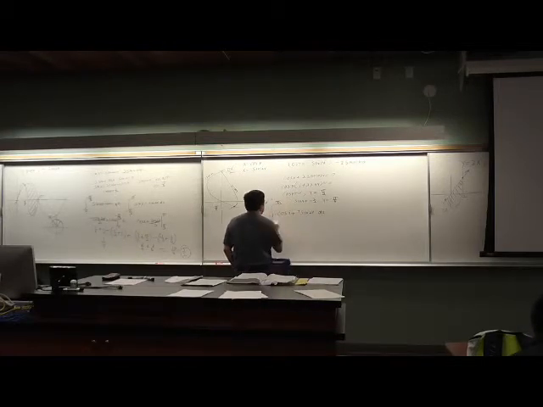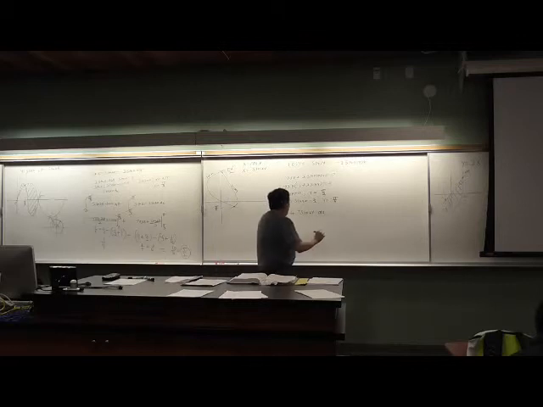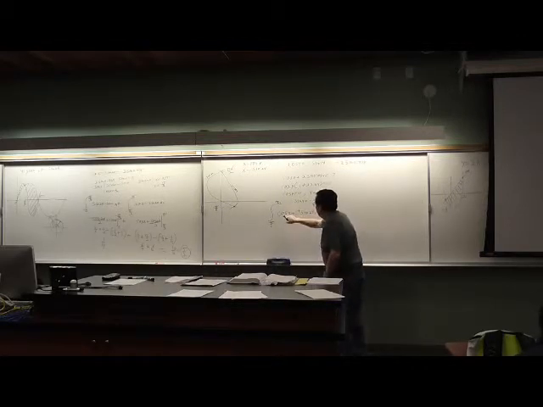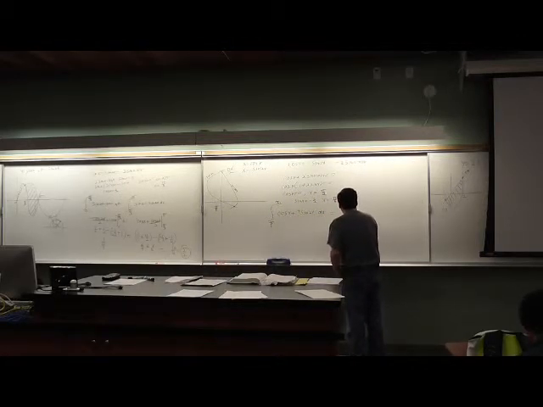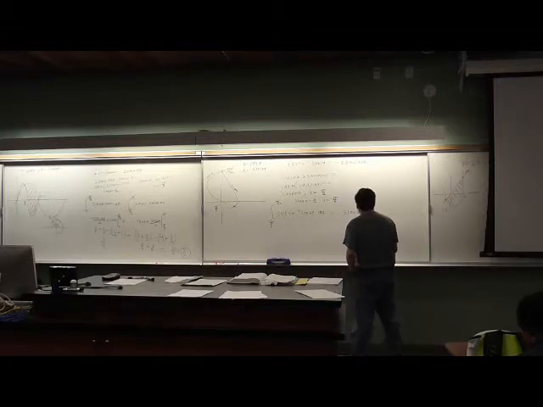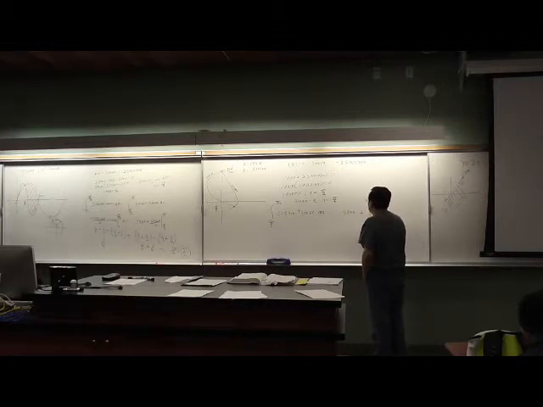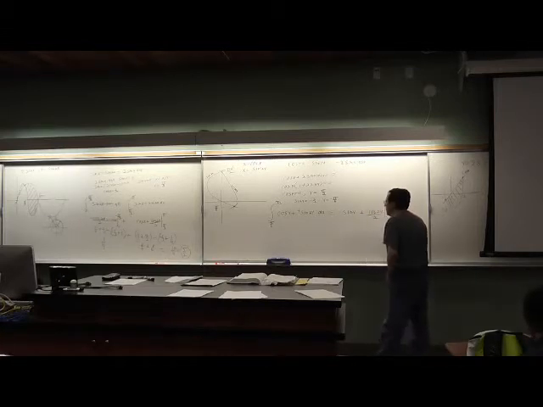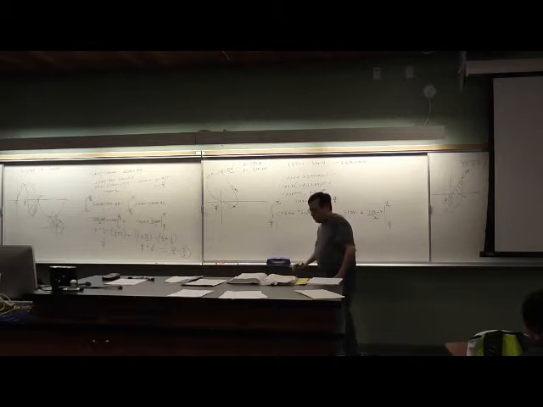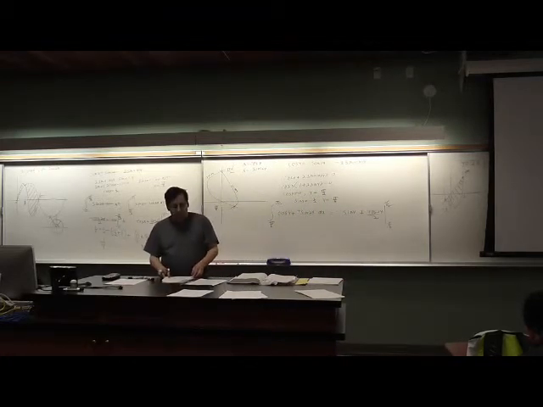So the antiderivative of cosine of y is sine of y. And the antiderivative of sine of 2y is negative cosine of 2y over 2. And that was the easy part, right?